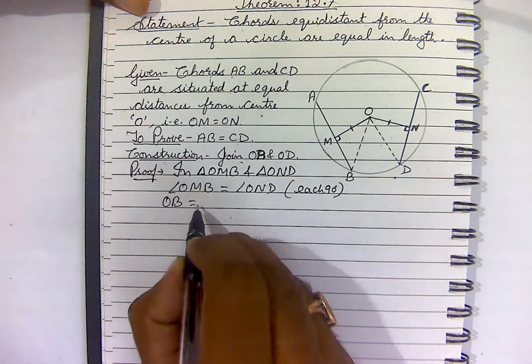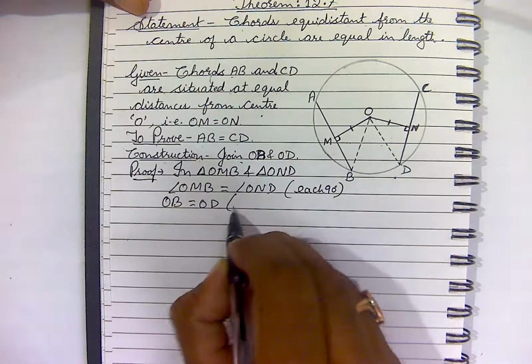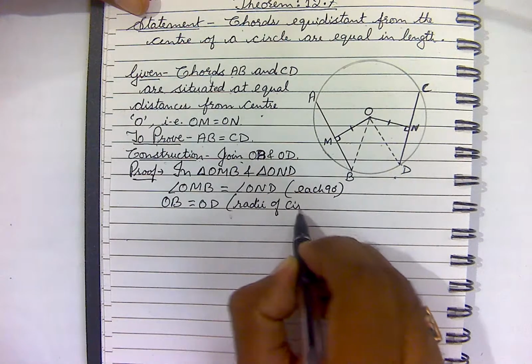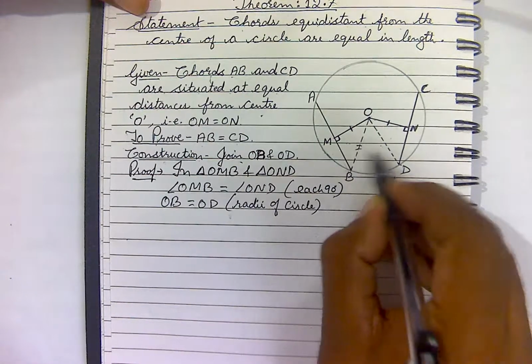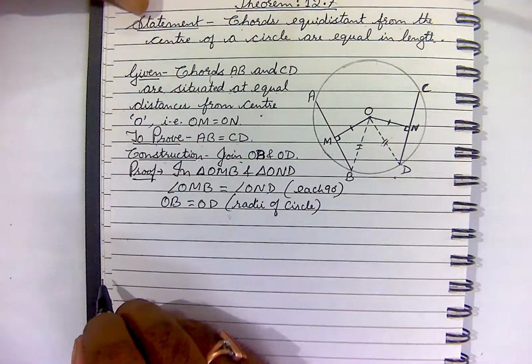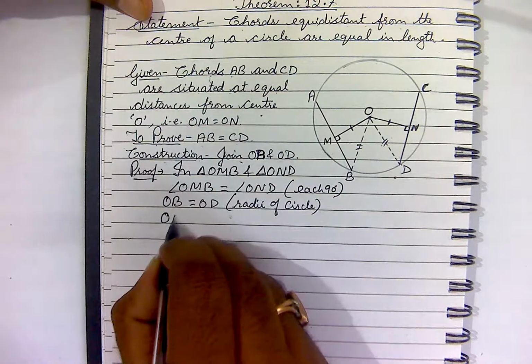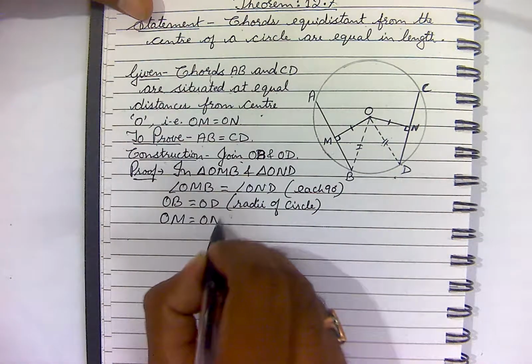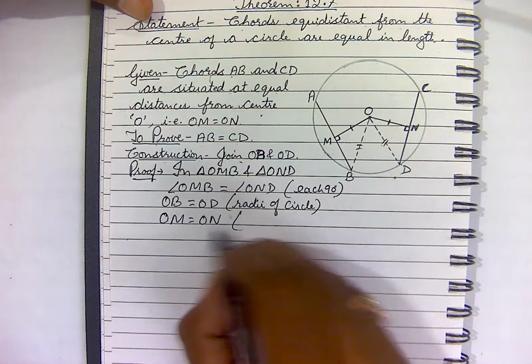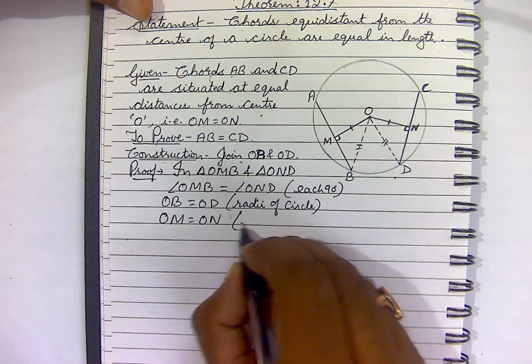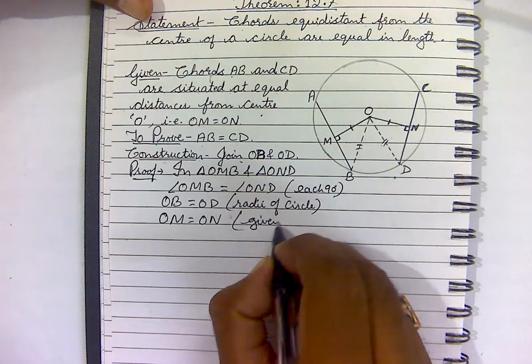OB is equal to OD, radii of circle. OB and OD are the radius. Then OM is equal to ON, they are given to us.